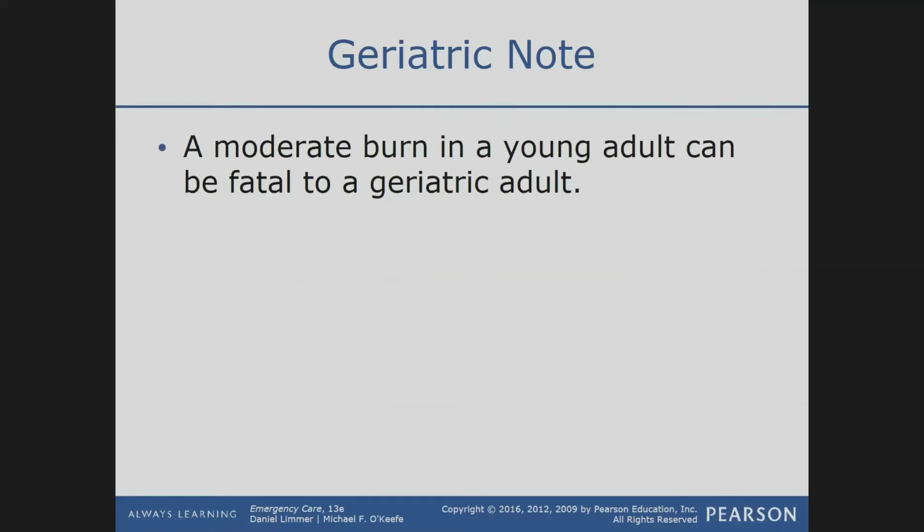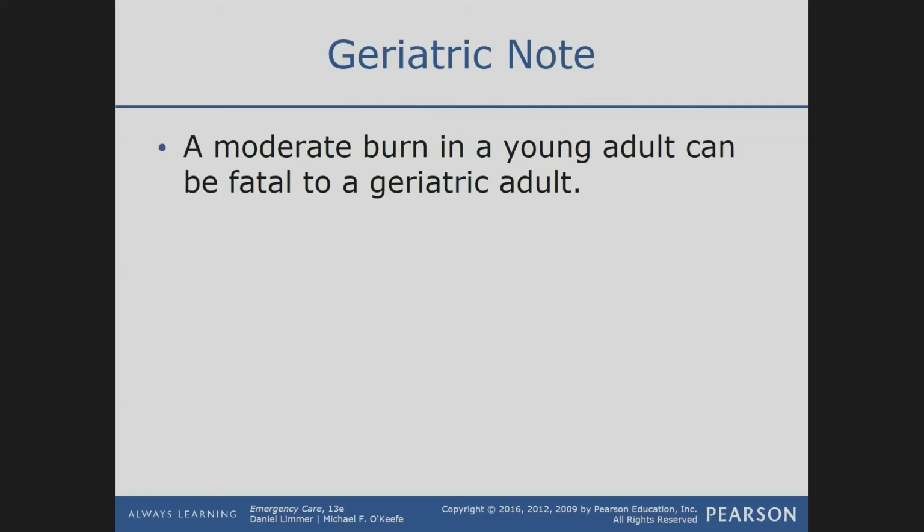So the geriatric note: moderate burns in a young adult can be fatal for a geriatric adult. This is for two different reasons. One is that geriatrics, meaning the elderly population, cannot compensate as well as young adults. Also, if a patient can feel a burn, it's most likely a pretty bad burn because their nerves are not working as adequately.